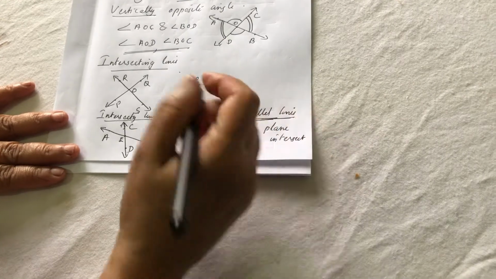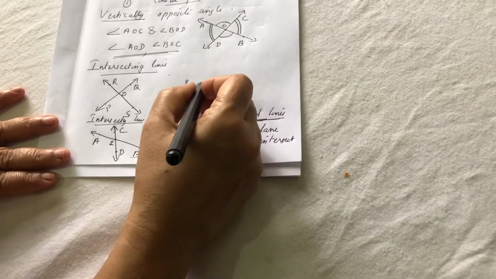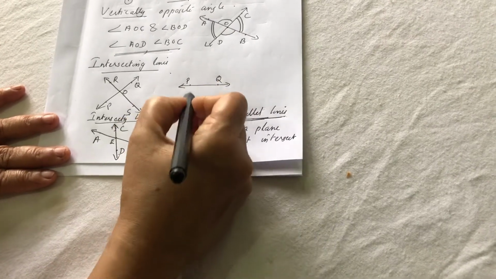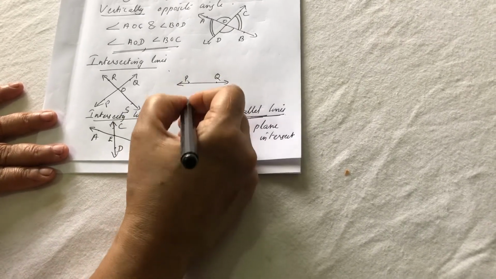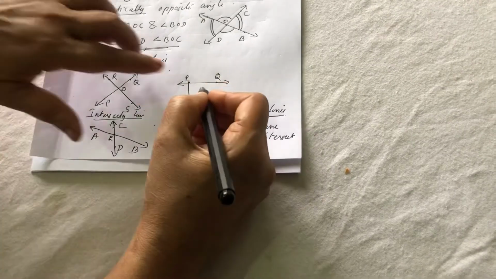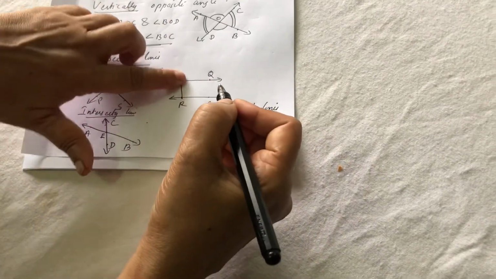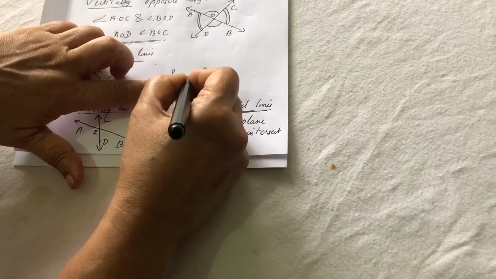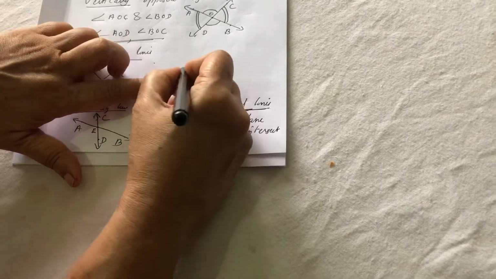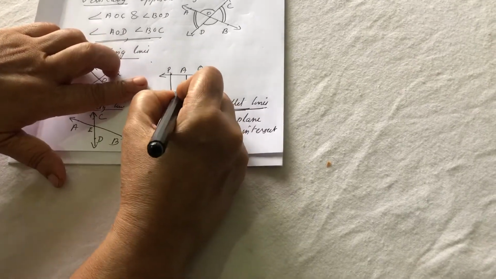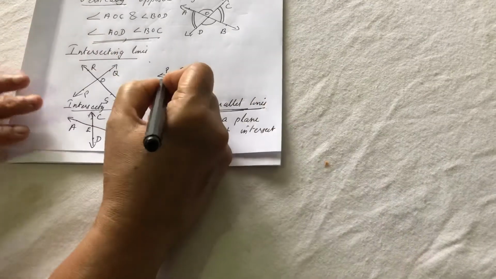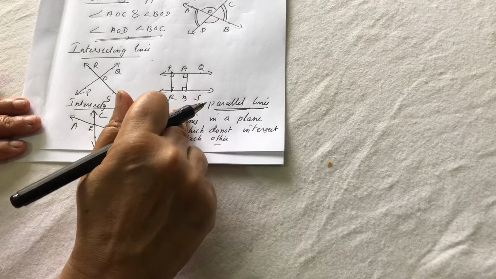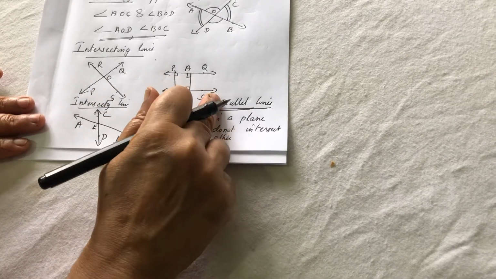When you take the perpendicular distance between two lines, you take a point here and another point here, and draw a perpendicular. This is perpendicular to this line also. You can take another perpendicular here, and all these perpendiculars, that is, the lengths of the common perpendiculars at different points, are the same.